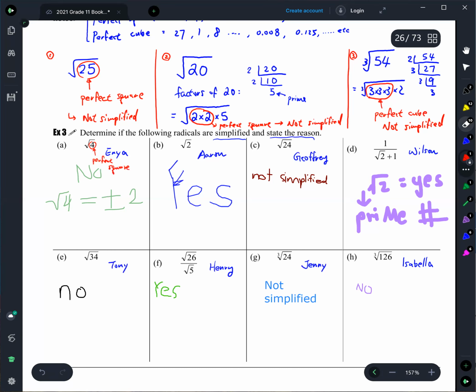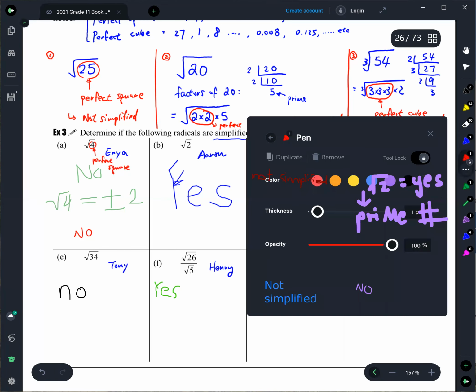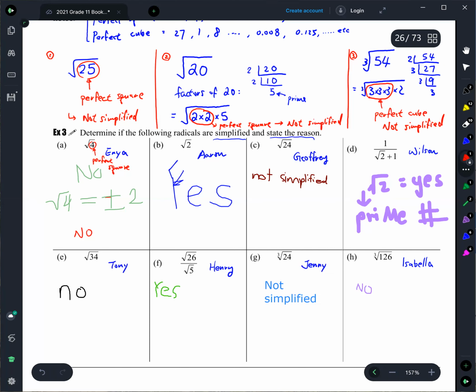So there's a perfect square inside, then it's not simplified. So the answer is no. Okay, you're correct. Just a little thing here: for square root, if you have square root of 4 with nothing at the front, that's only the positive root. So the answer should be just positive 2.